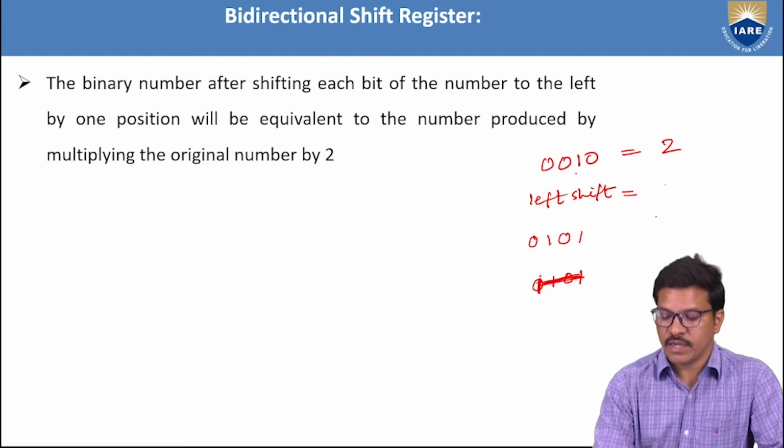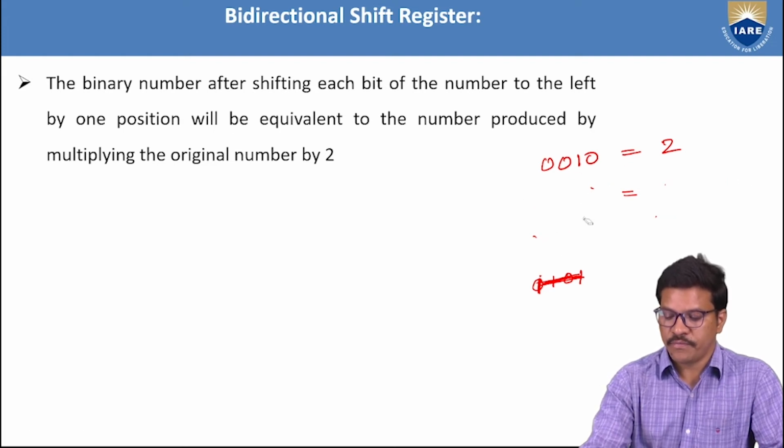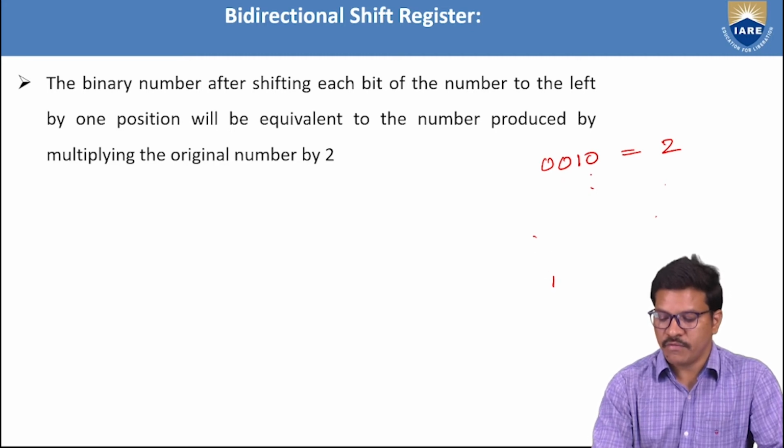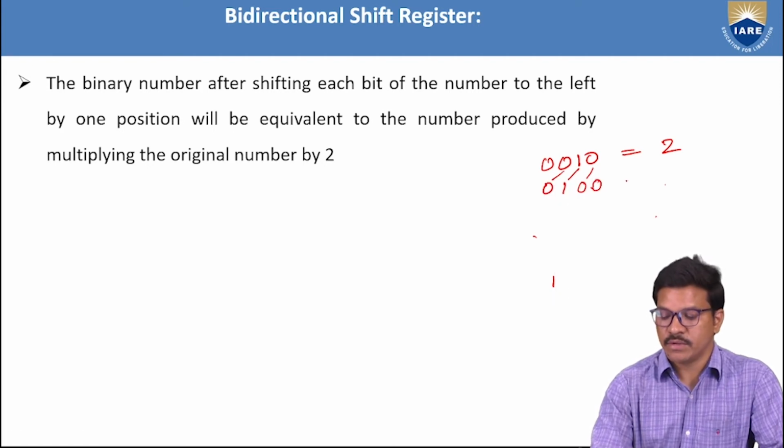If I am shifting this number to the left, this one moves to the next place, this one moves to this place, and the last place is replaced with 0, which is equivalent to 2 times 2. That is what it says.